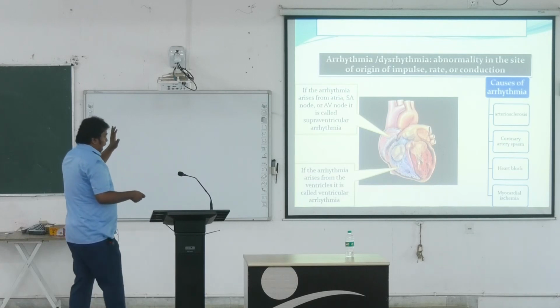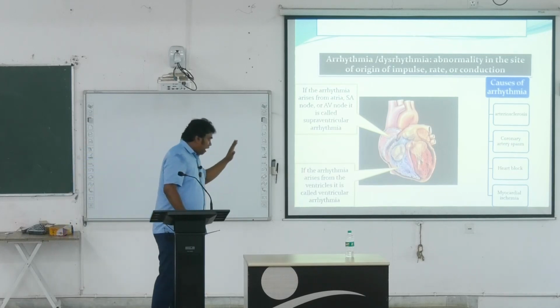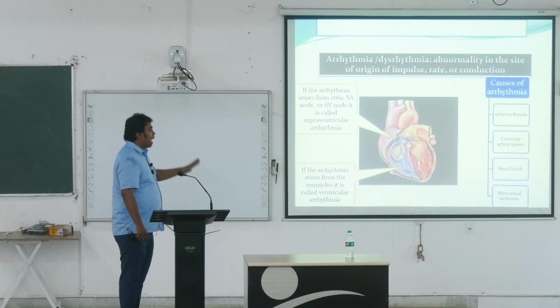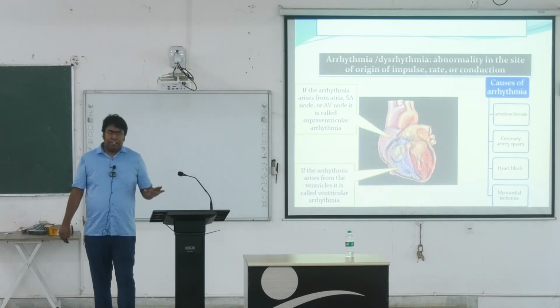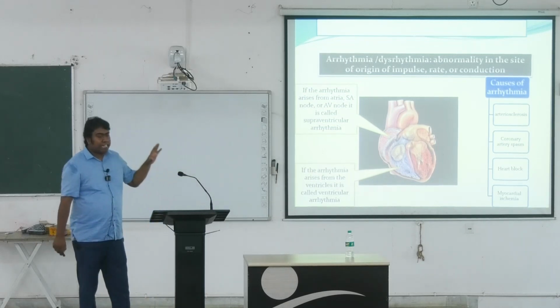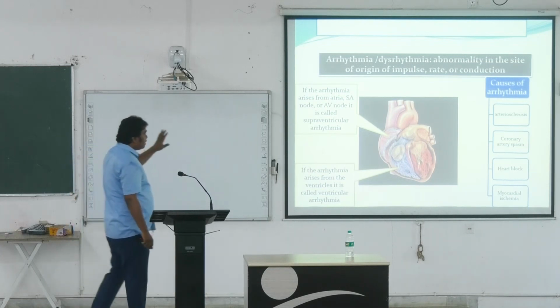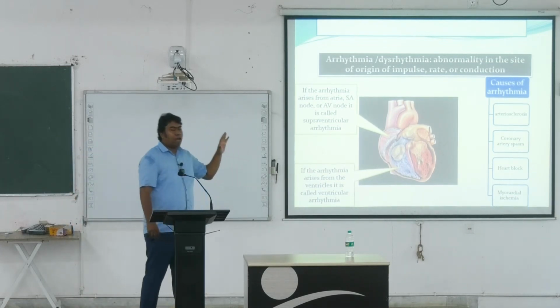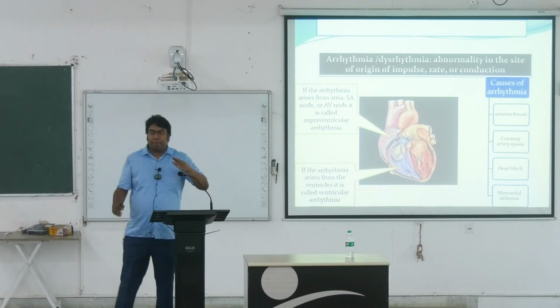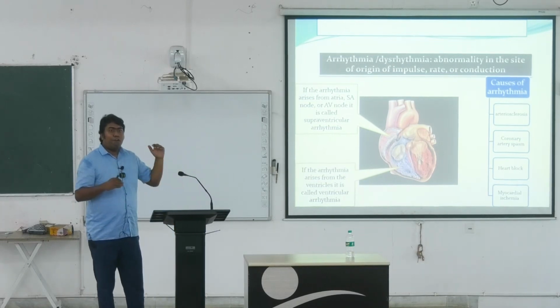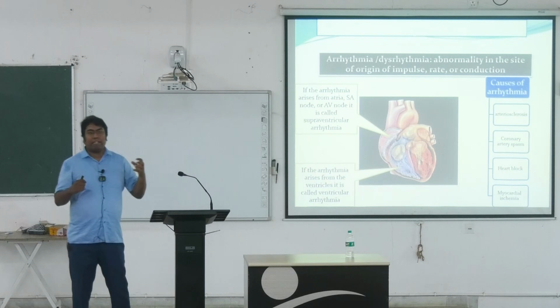Atherosclerosis, coronary artery spasm, heart block and myocardial ischemia or infarction are the main causes. Tachyarrhythmia can be divided depending upon where the impulse is generated.